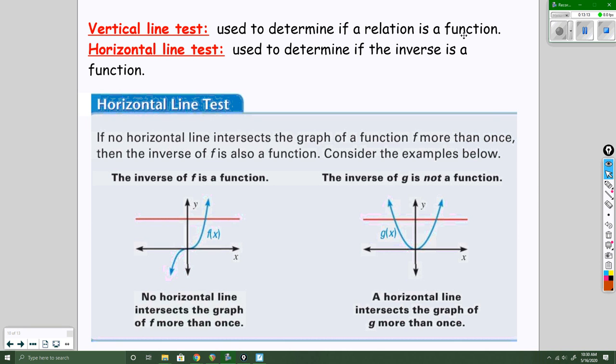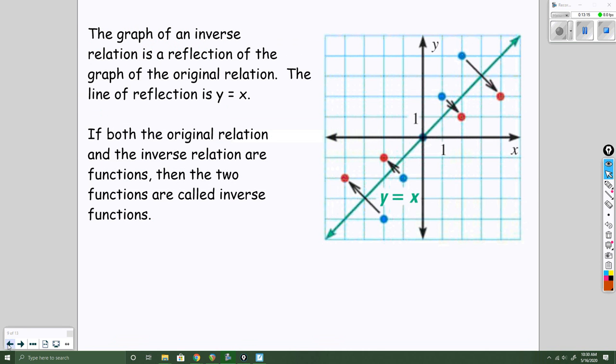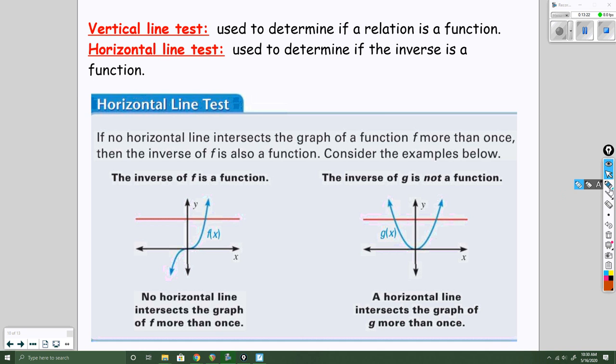And using that idea on the previous slide, that we could find the inverse by reflecting it about y equals x, if we reflect a vertical line, some vertical line here, across the line y equals x, what we would get is a horizontal line.